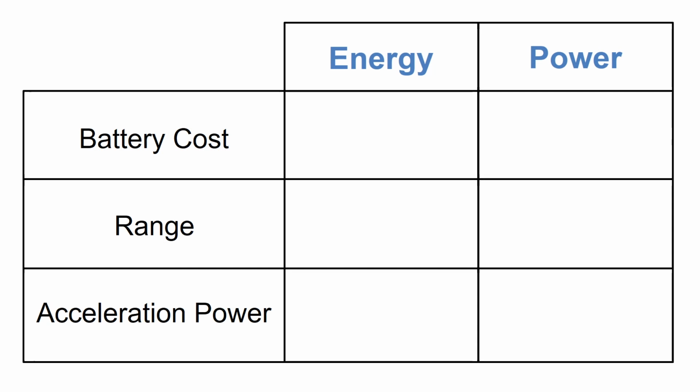So, we have a choice to make. We compare some key factors for the energy optimized battery and the power optimized battery. The battery cost is most likely lower for the energy optimized battery. It has a 25% higher energy content, but the battery cells are likely to cost less, such that the total cost of investment is lower compared to the power optimized battery.